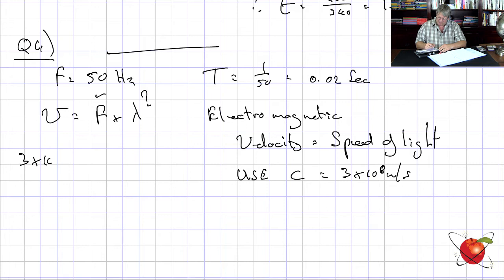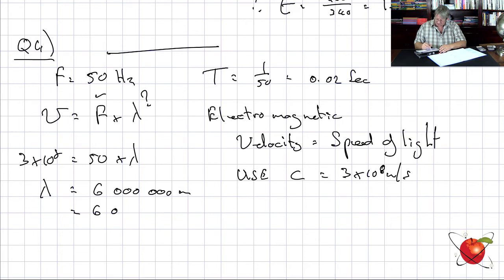Therefore, 3 times 10 to the 8 is equal to frequency times lambda. So lambda is going to be equal to 6, which is going to be 6 million meters, which is 6,000 kilometers, like that.